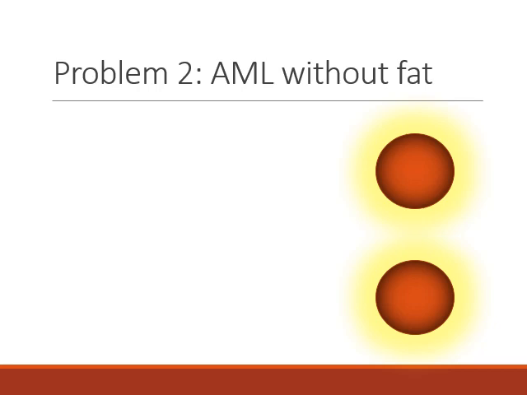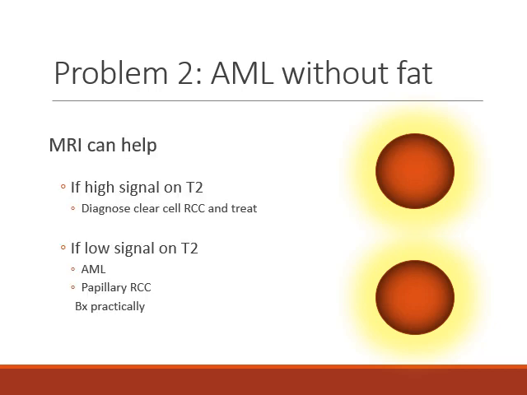There are two things that you can do in this instance. The first is MRI. Remember, AML is full of smooth muscle components, which are going to dominate once you've lost the fat. So you'd therefore expect an AML to be low signal on the T2 weighted MR. If you do an MR and the lesion is high signal on T2, then it's probably a clear cell RCC, which we already know is high signal because of its nested alveolar architecture.